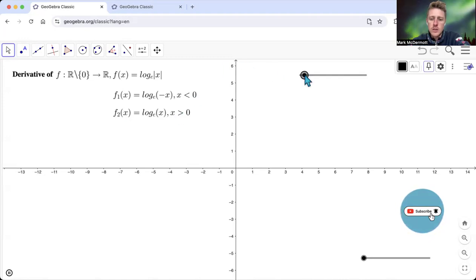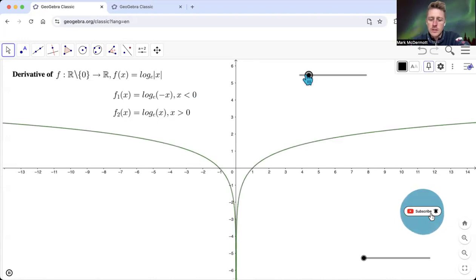So let's look at what that looks like. It's going to look something like this. And maybe I'll just explain the reason that this is negative x. We can't take the log of a negative value, right? But if x itself is negative, and then we have a negative, it'll become positive overall.